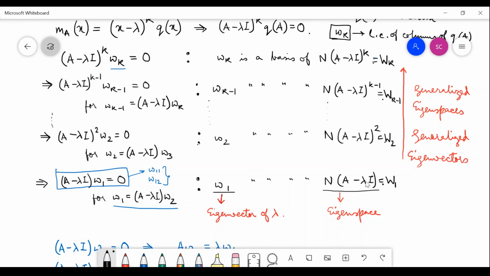That's why you have to extend the eigenspaces like this, and the largest eigenspace that we will be able to find would be this Wk. You will find that all the eigenvectors of the lower order eigenspaces are also eigenvectors of the highest eigenspace, and this is actually the highest order generalized eigenspace.